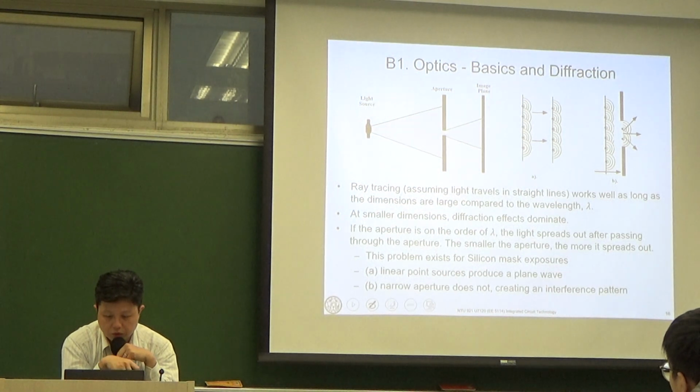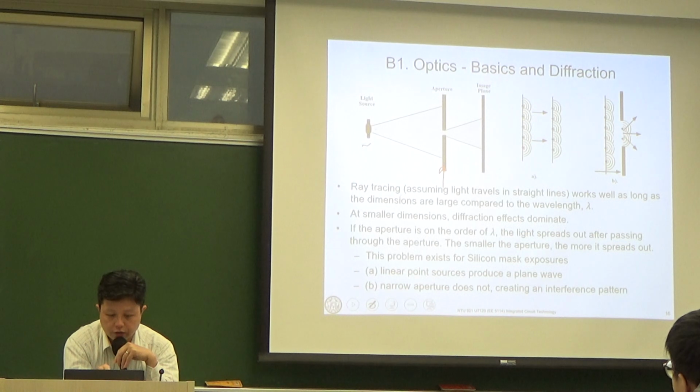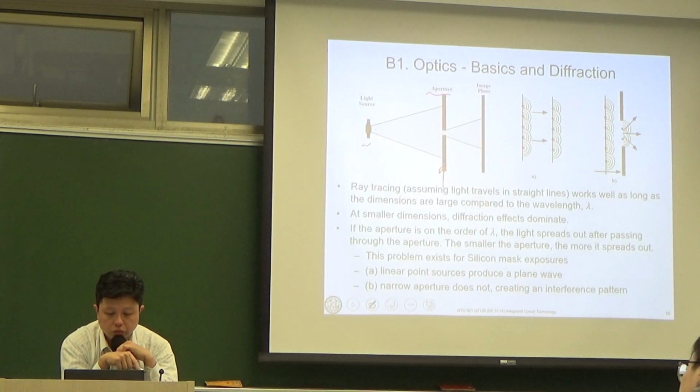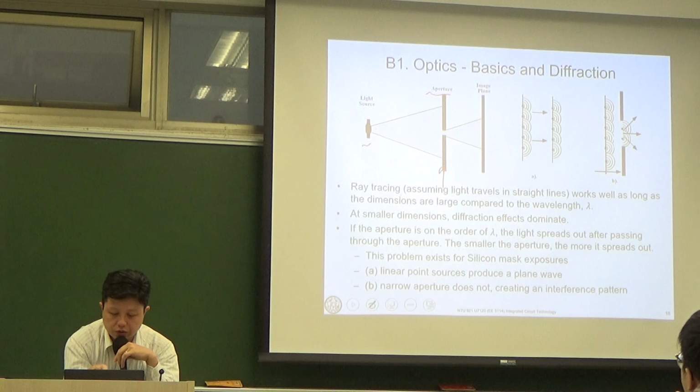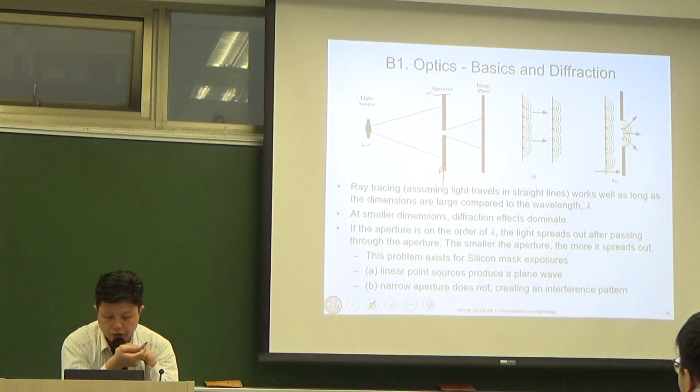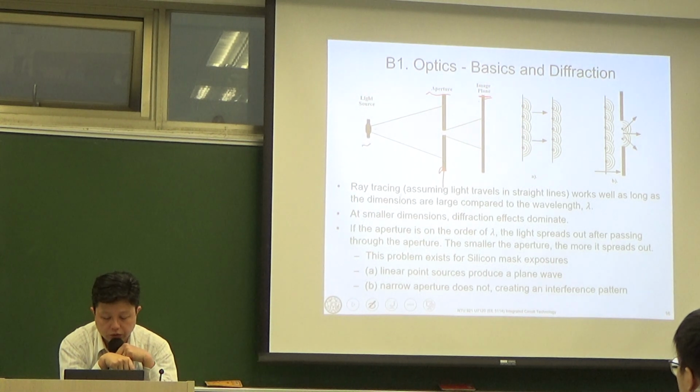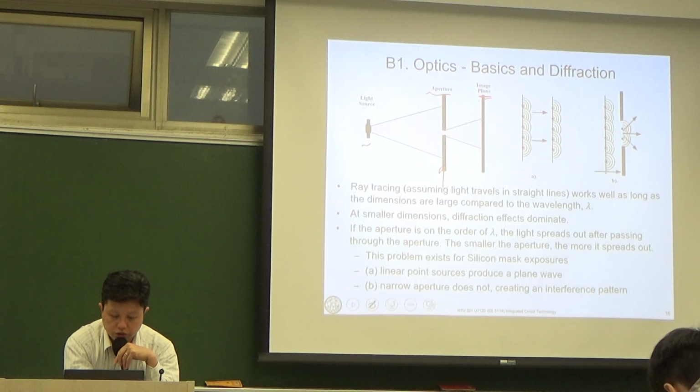Okay, so here is the light source that we use, and consider this is the mask, and we have some patterns, or we can consider an aperture on it. And the light goes through this aperture and reaches your image plane. Typically, from fundamental optics, we can use ray tracing.